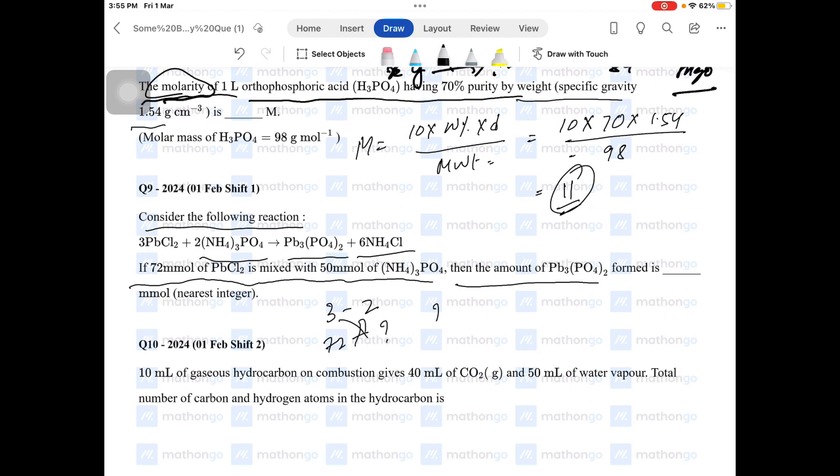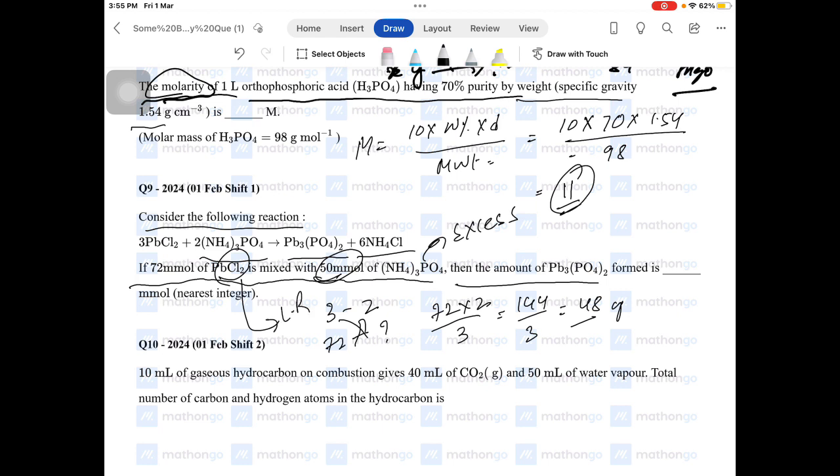Do cross multiplication: 72 into 2 by 3, that is 144 by 3, that is 48 millimoles required, but they have given 50 millimoles, that's why it is the excess reagent, and lead chloride is the limiting reagent.